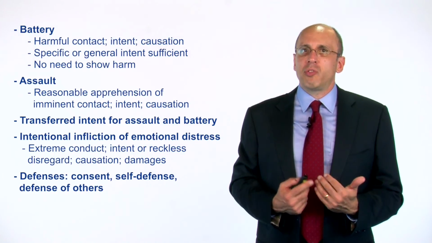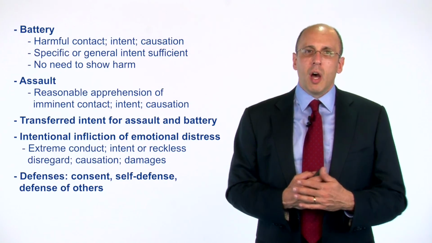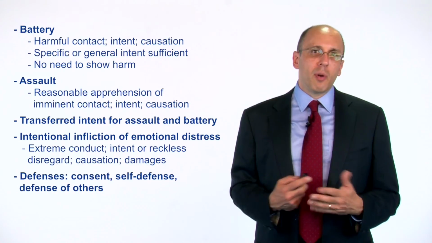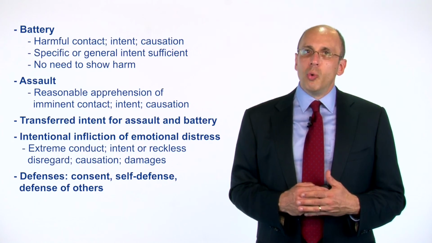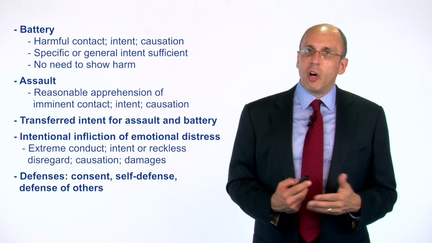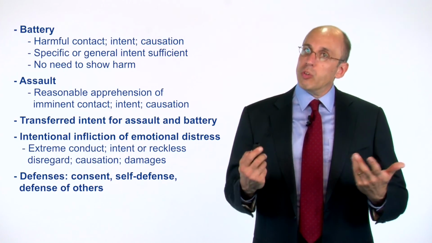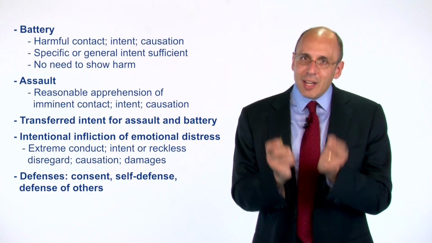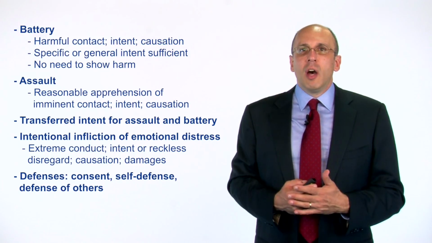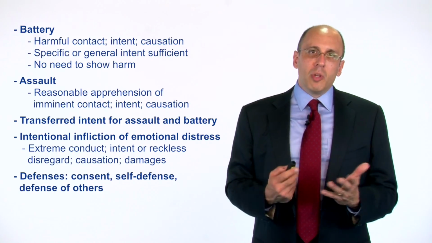Somebody comes at me with a stick and I take out a gun, might not be in proportion, that sort of thing. But in general, self-defense is a potential affirmative defense to an intentional tort, as well as defense of others. And there again, you're trying to defend somebody else, but again, it has to be imminent harm. If you can go and call the police and get a restraining order to protect yourself, then you really need to do that.